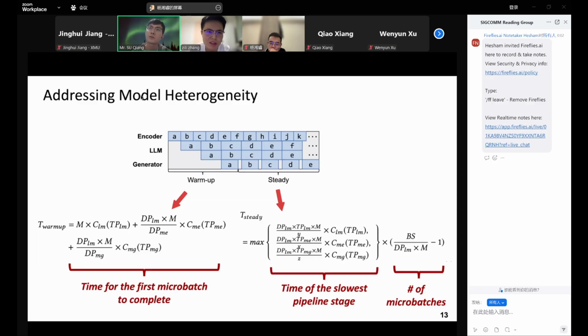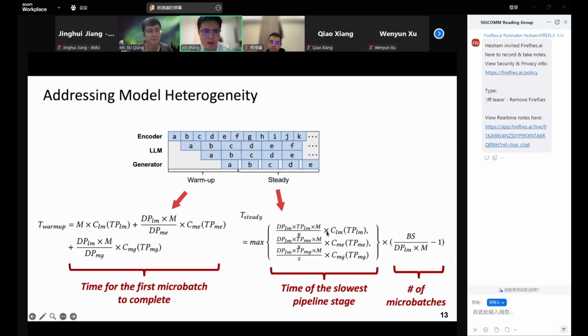Okay, I see. I understand that there will be some problems, but do you think it is solvable? I think in some scenarios, if you design the models, you can contact the algorithm group and redesign the models, the encoder and the generator.